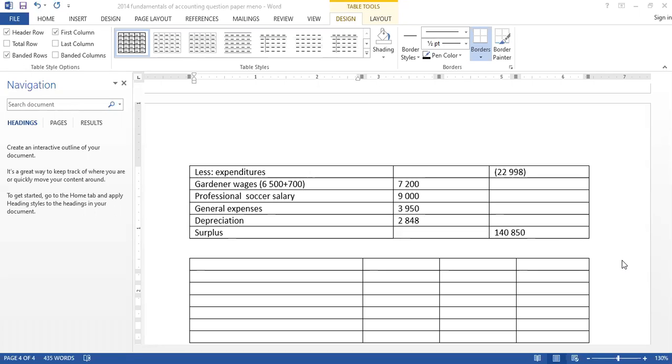Okay, so we move on. We said we are moving on with our balance sheet. So the first thing that we record in our balance sheet are assets. And then fixed assets, non-current assets.